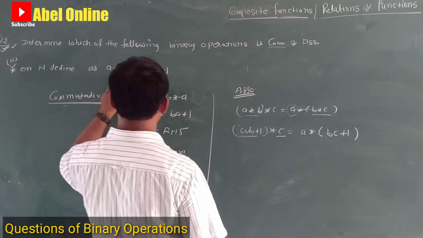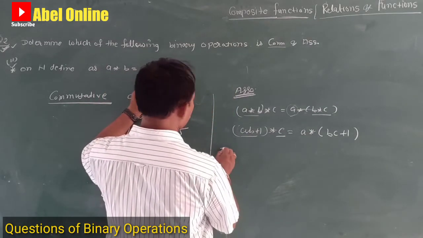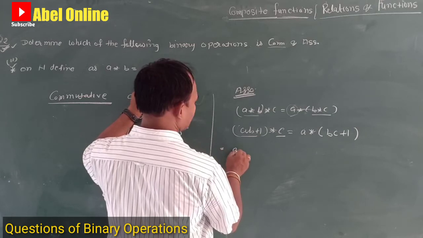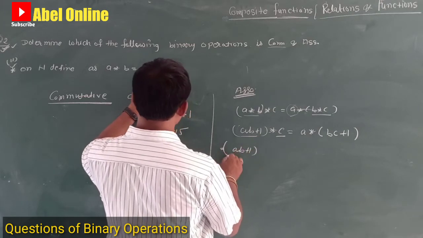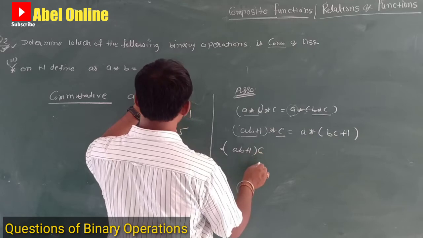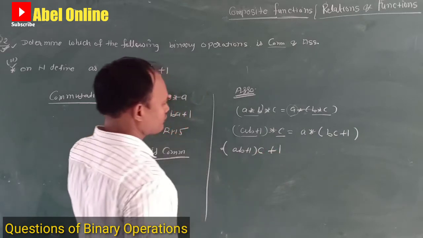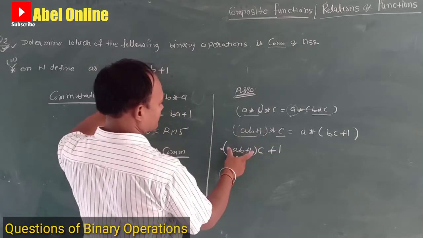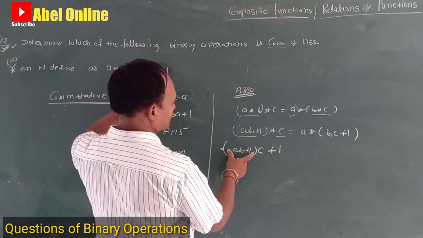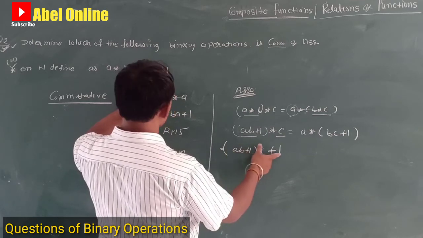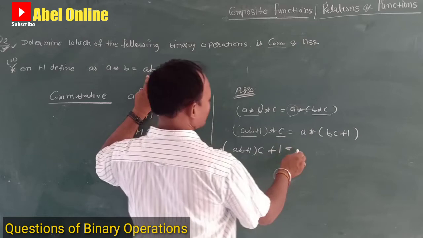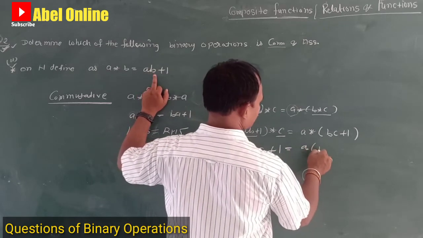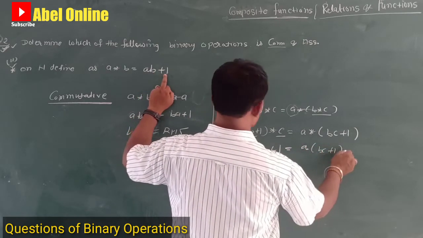The value of a means ab plus 1 and the value of b means c. So it is (ab plus 1)c plus 1 equals a times (bc plus 1) plus 1.